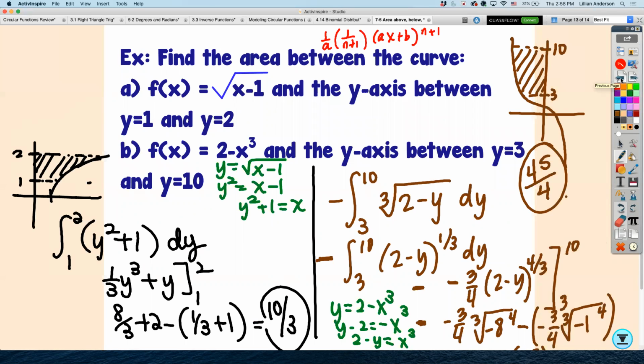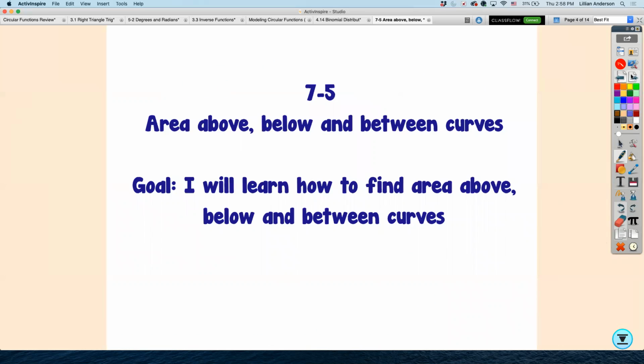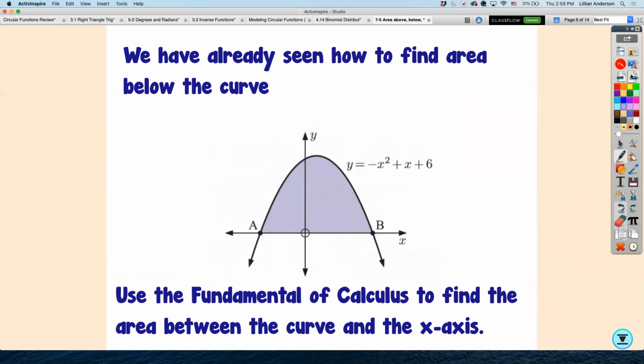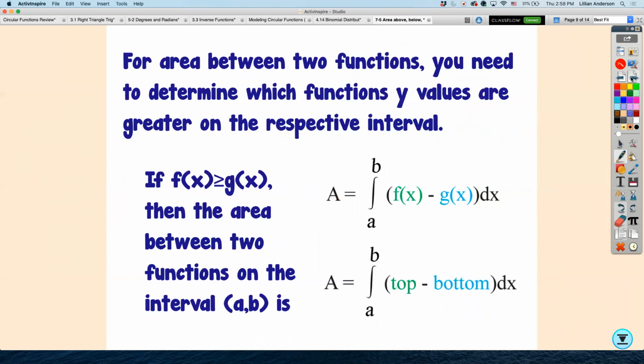But let's recap everything that we've done so far today. You guys already know how to find the area below the curve, okay? That's using the fundamental theorem of calculus with the bounds. Above the curve, we have to remember that it's a negative on the outside. Between two curves, you've got to figure out which curve is the top function and which one's the bottom function, because then you subtract.